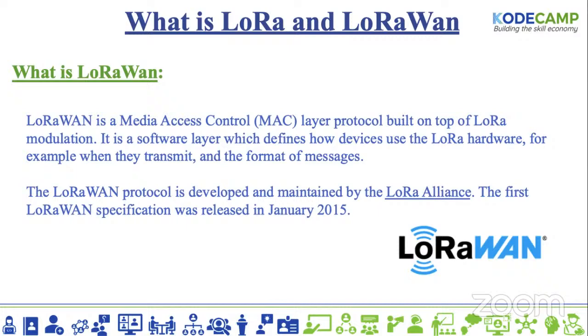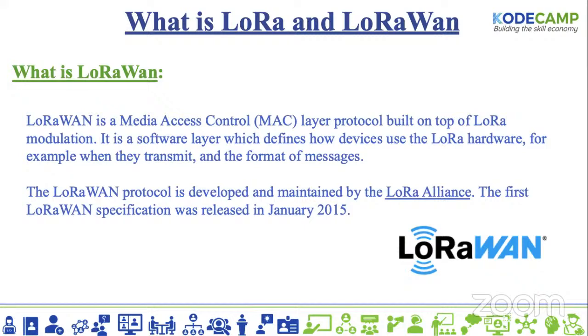Remember I said some have up to 15 kilometers. Once you have some structures in between the end node and the gateway, it tends not to transmit that far because of those obstacles.